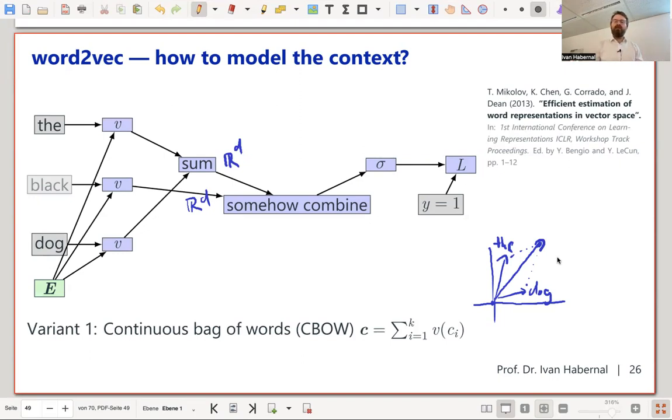So we don't normalize it. If we had an average bag of words, we would basically scale them down. We don't care. We just sum them together, because now we have two vectors. We have one vector of the context, and one vector of the word.